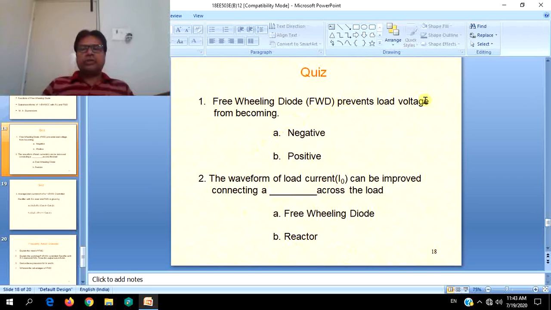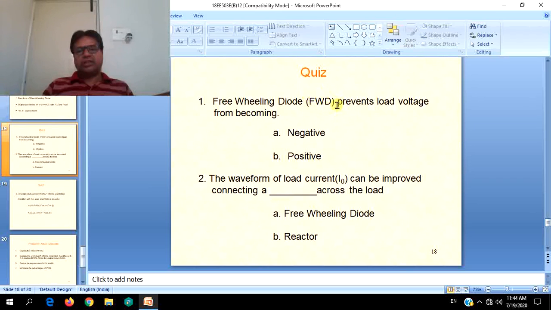Freewheeling diode prevents load voltage from becoming negative or positive. Obviously, it prevents load voltage from becoming negative. Without the freewheeling diode, it will be negative from pi to beta. Now, because of the freewheeling diode, it acts like a short circuit across the load, which discharges in itself.